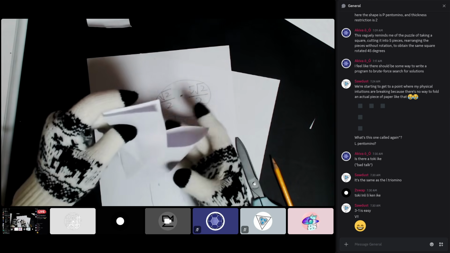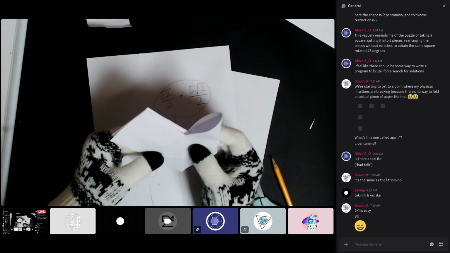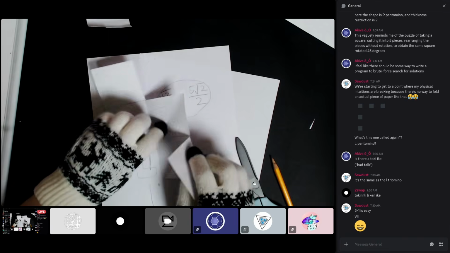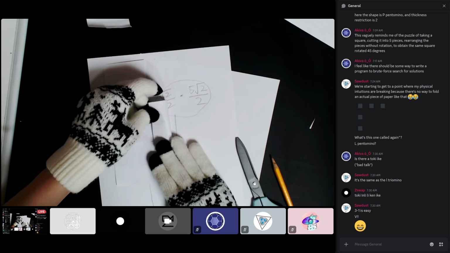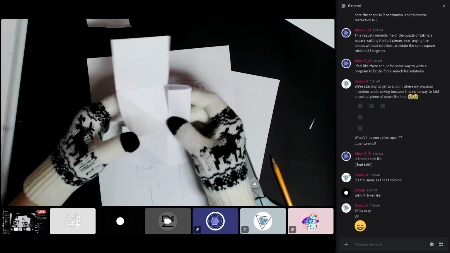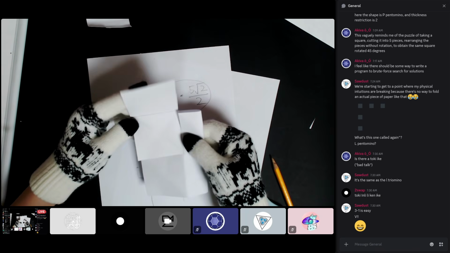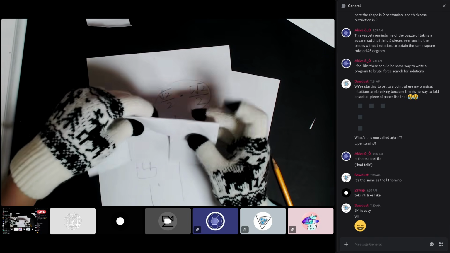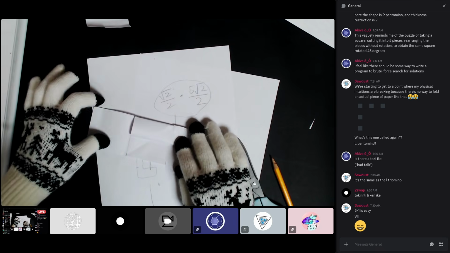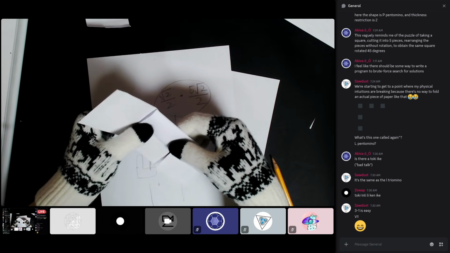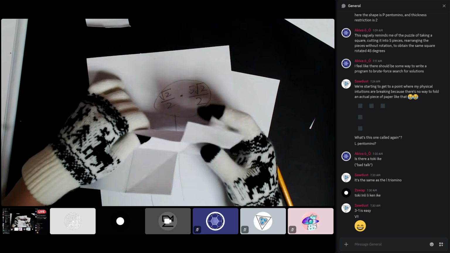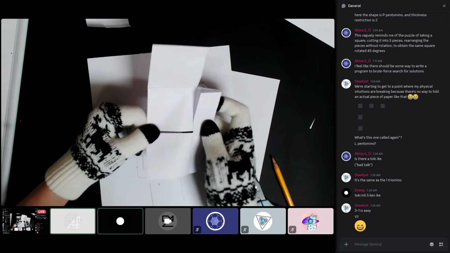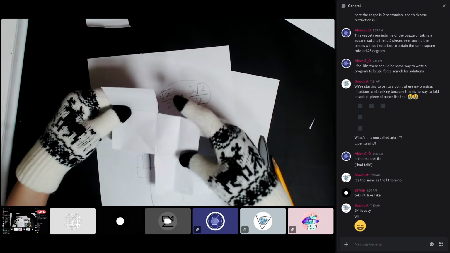Oh, thickness 2. This looks like one of the cases which I haven't solved, but you're free to continue.